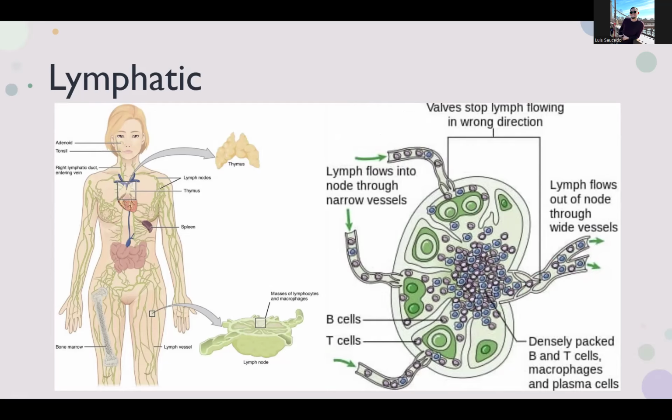When you have an infection and the lymph catches it, the lymph node can swell up. It'll close off the flow out of the lymph node, and then the immune cells can start attacking and destroying the infection or whatever microbe got into the lymph node, which is why it swells.